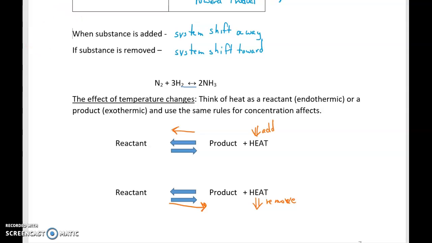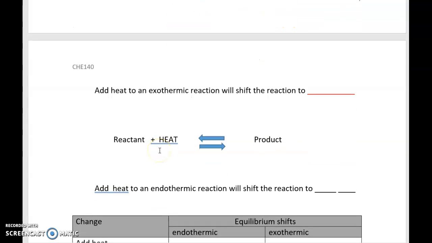Let's look at endothermic reactions. In an endothermic reaction, heat appears as a reactant. So if we add heat, we'll shift toward the products.